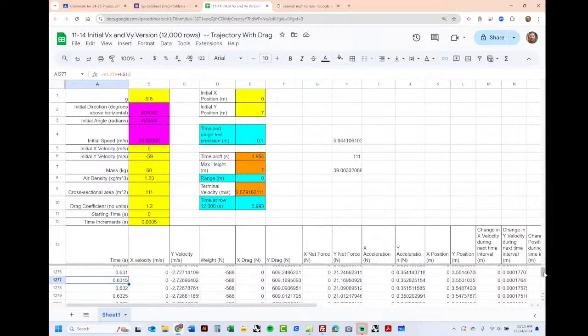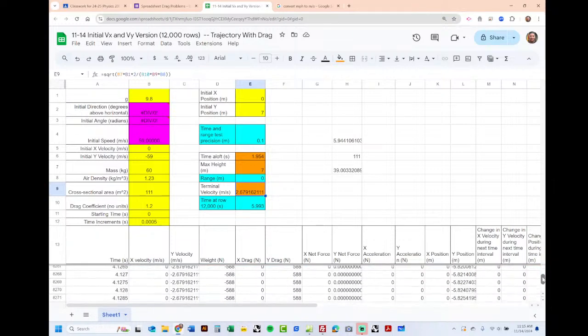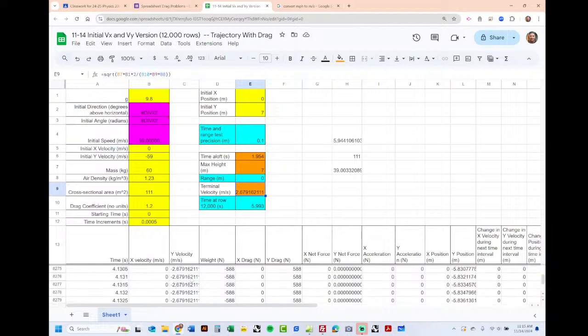But that, again, that doesn't happen. And if we wanted to actually get to terminal velocity, the terminal velocity of, let's say it is negative 2.67, 91621, 16211.